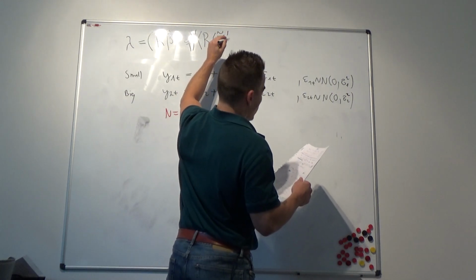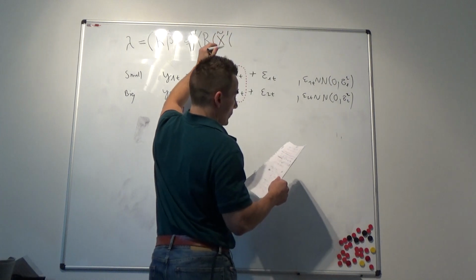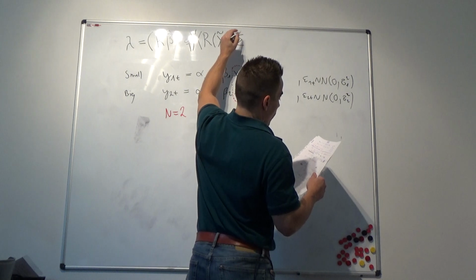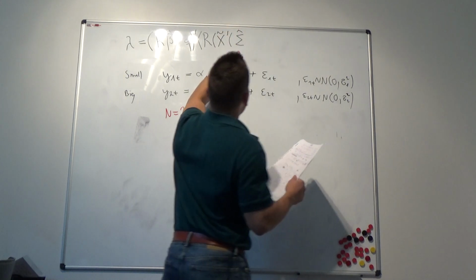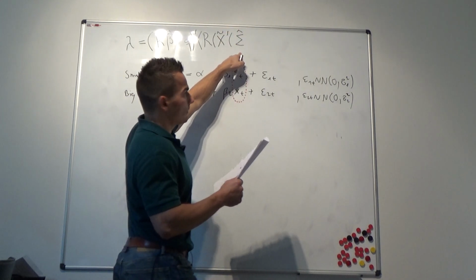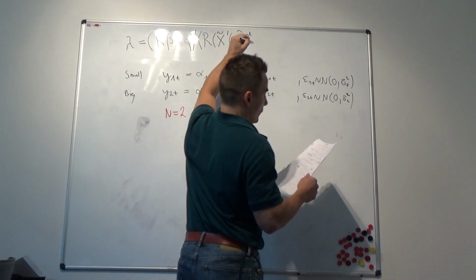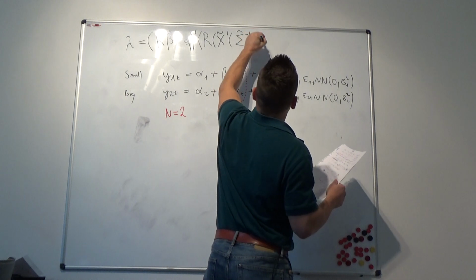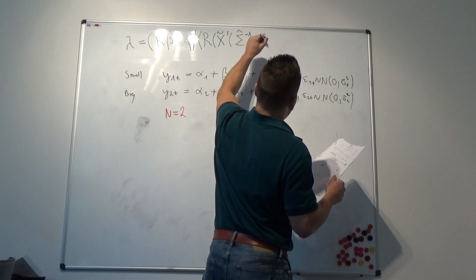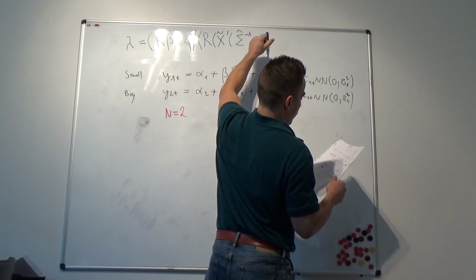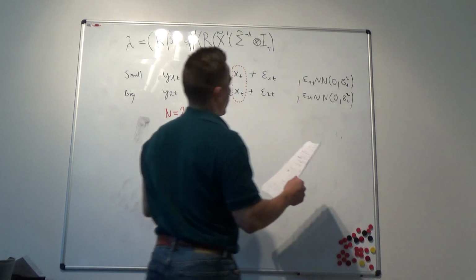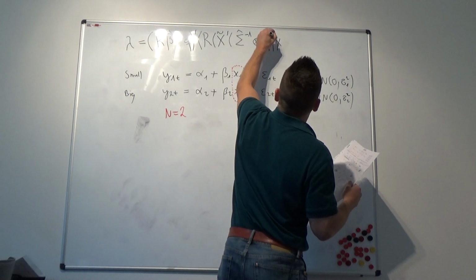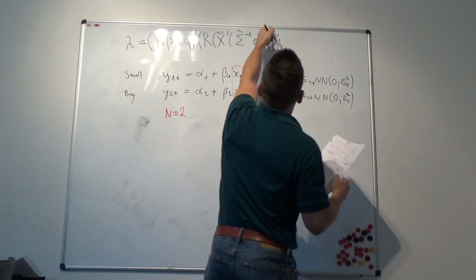We will check later what's going on here, times the big sigma, capital sigma hat, inverted, Kronecker product, identity matrix of dimension T, close this parenthesis, times again this X, which has a q above it.